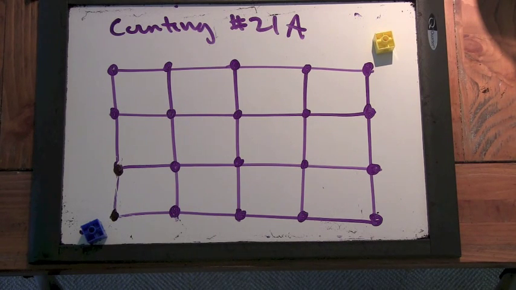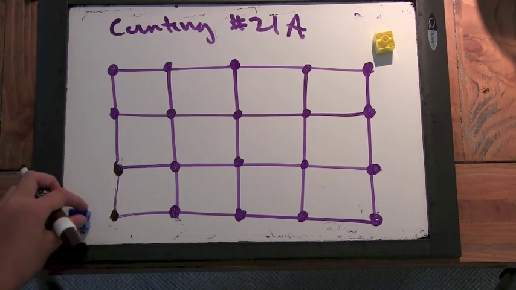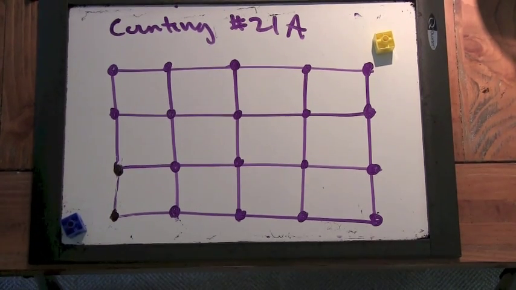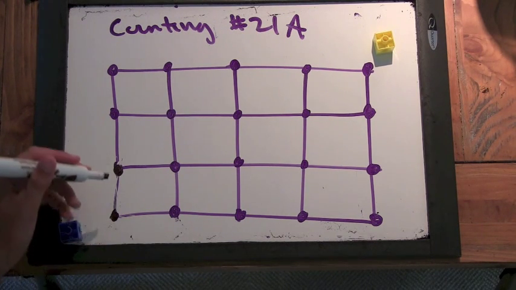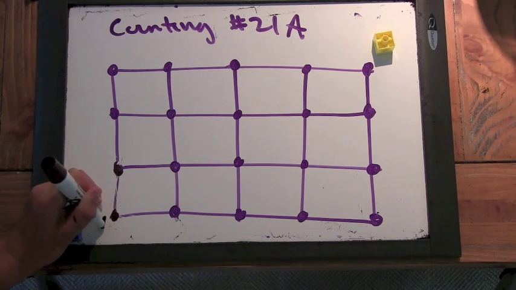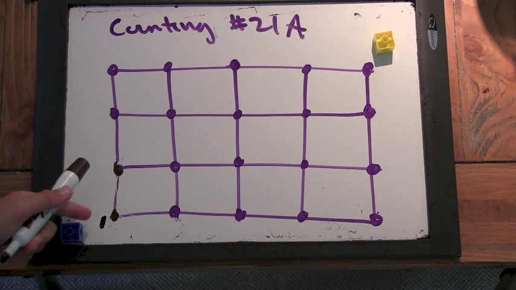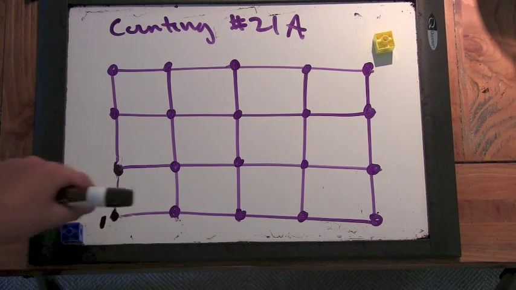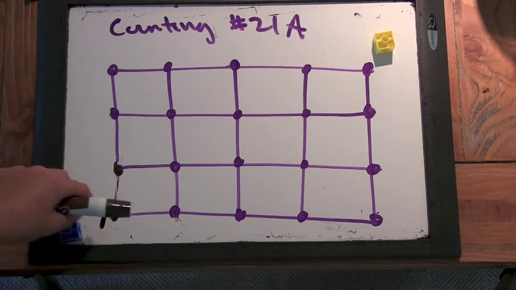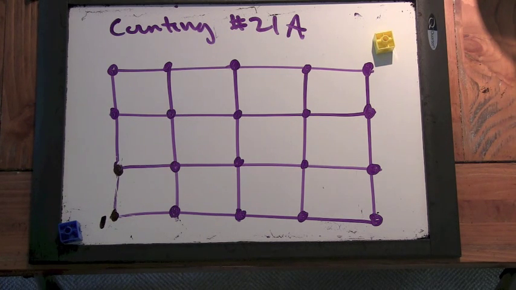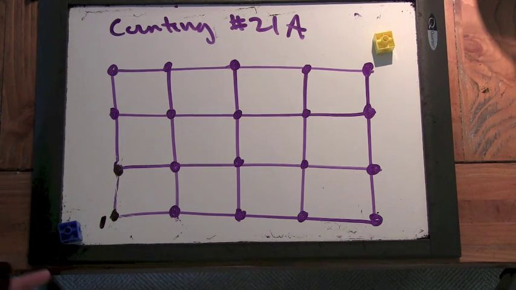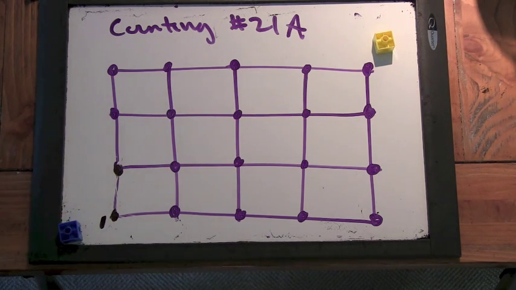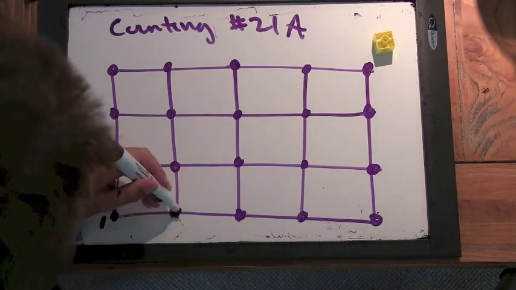Okay, so how did things go from there? Well, we noticed that there was one way to just stay here at A. If you just looked at this point, there's one way to get from that point to the point. Stay there, do nothing. Then you can look at these two.